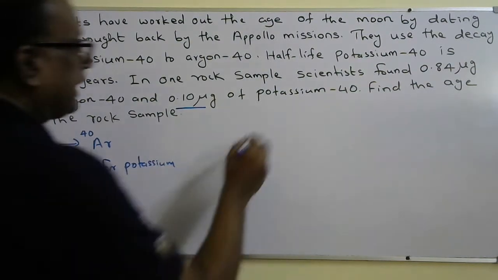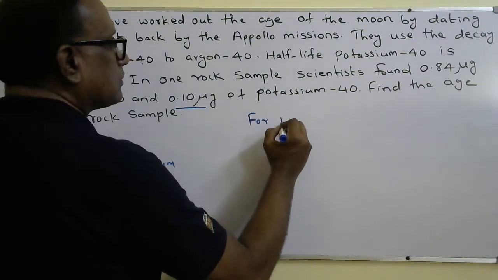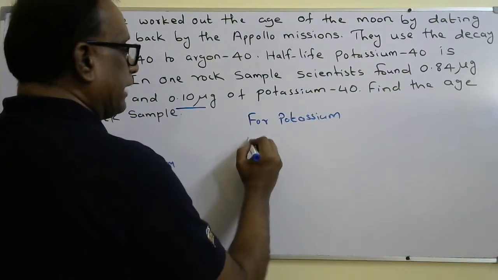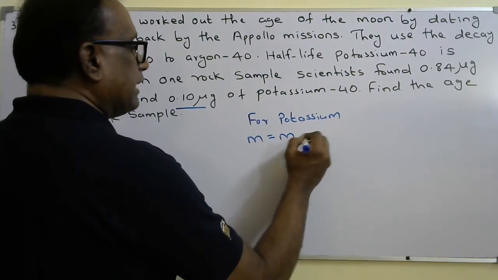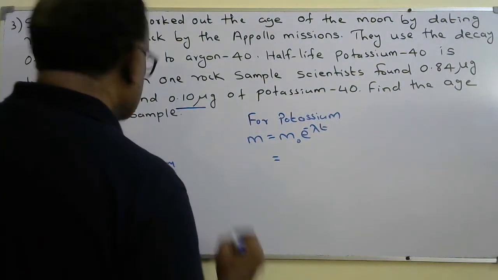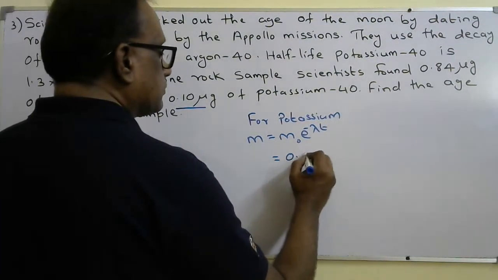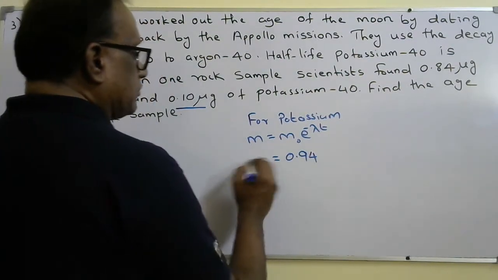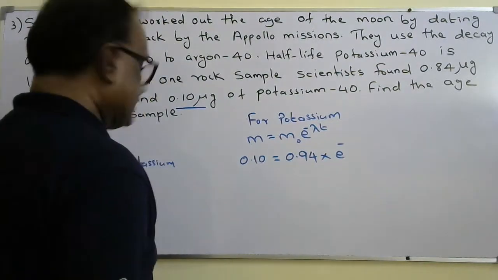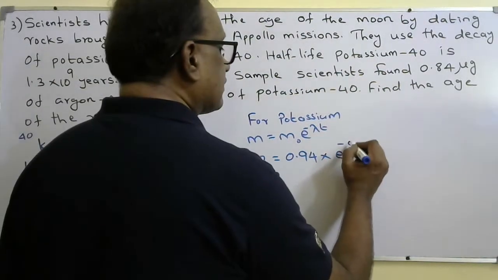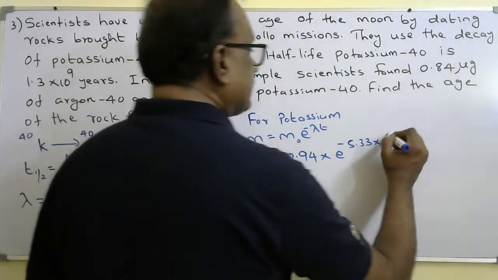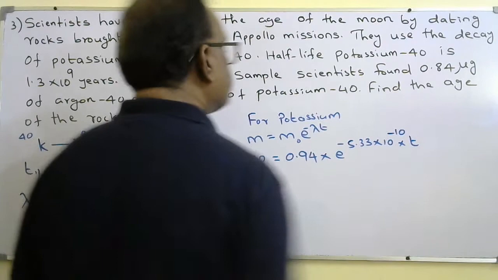Okay, so for potassium we can use m equals m naught e to the power minus lambda t. So m naught is 0.94, m is 0.10, e to the power minus lambda, 5.33 times 10 to the power minus 10, into t.